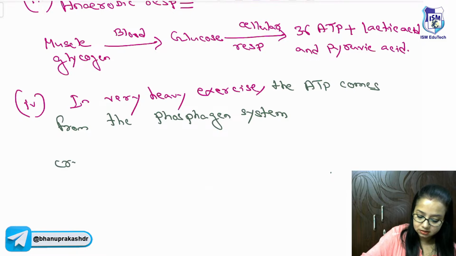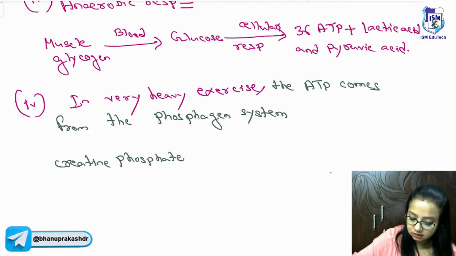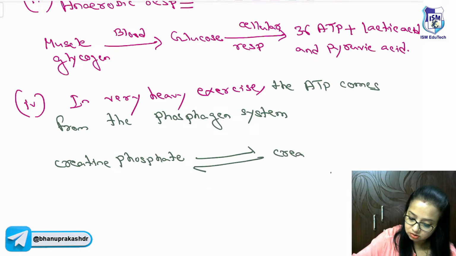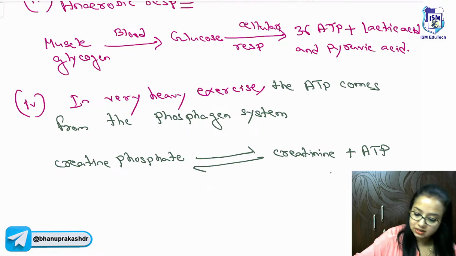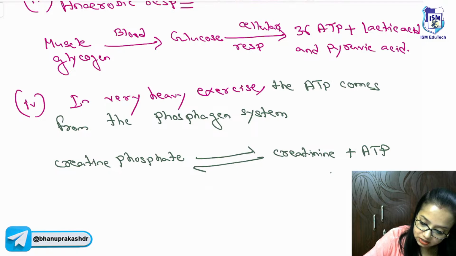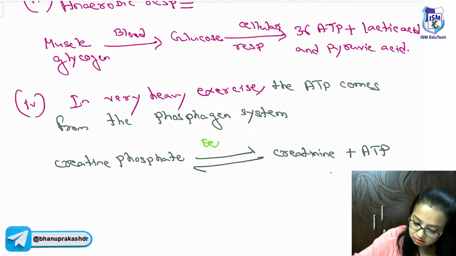It is the creatine phosphate that breaks down into creatine plus ATP during exercise.